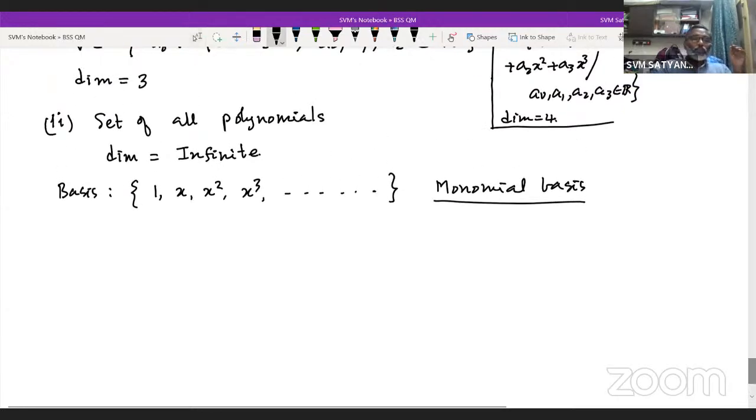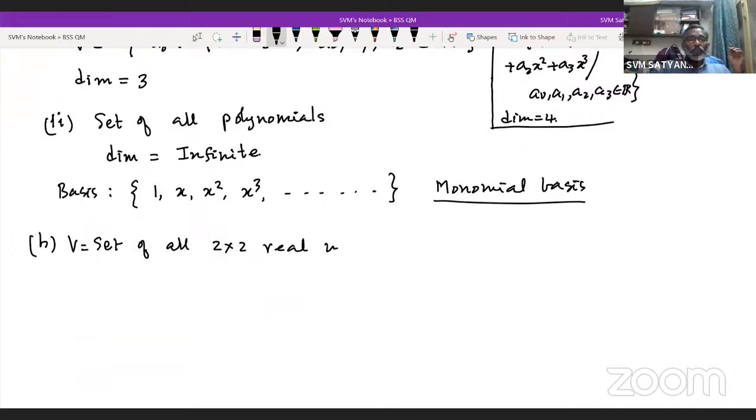I think we are now at H. My vector space is the set of all 2 by 2 real matrices. What is a vector here? A vector here is a 2 by 2 matrix.